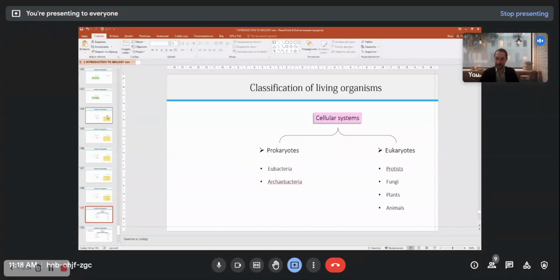And at the same time, in our nature, there are non-cellular systems. And they are kind of on the border between living nature and non-living nature, because you remember, cells are considered to be the elementary unit of life. And if there is no cell, there should be no life.